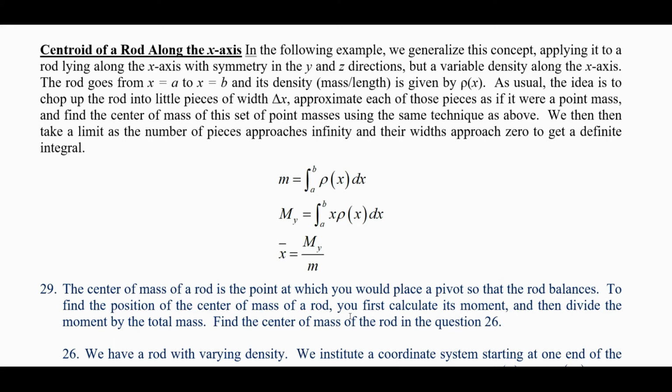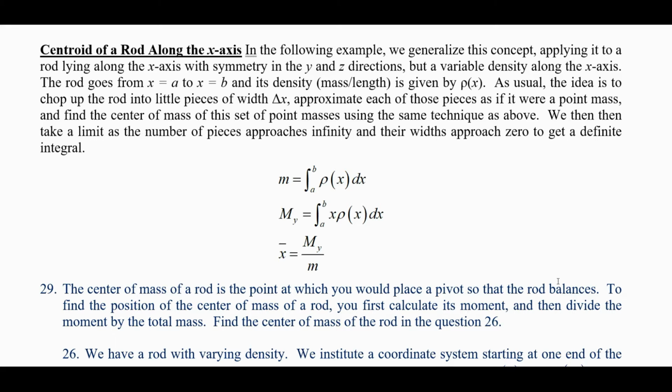The rod goes from x equals a to x equals b, and its density, that's mass per length, because the cross sections are the same, is given by rho of x. As usual, the idea is to chop up the rod into little pieces of width delta x, approximate each of those pieces as if it were a point mass, and find the center of this set of point masses using the same technique as above.